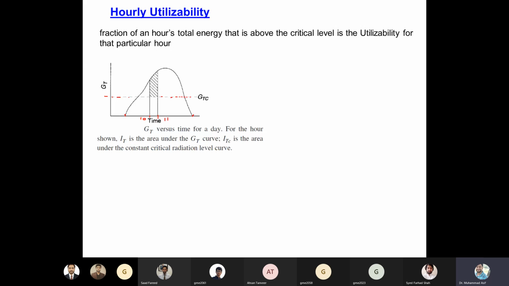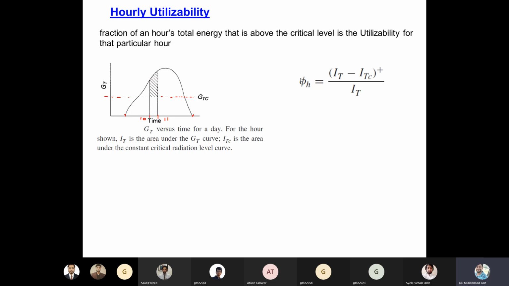So that means when we say the utilizability between that hour, this is the portion of the radiation which you can use for the useful gain. So when we say the hourly utilizability, this will be based on this hour only. So this fraction divided by the total radiation.